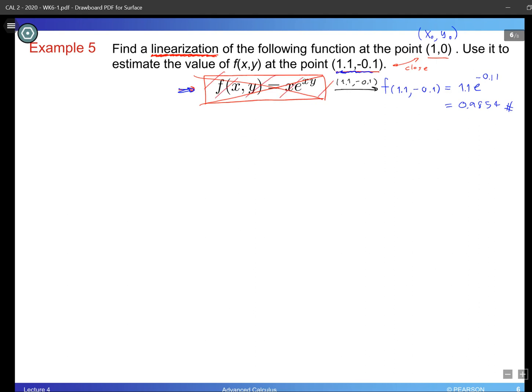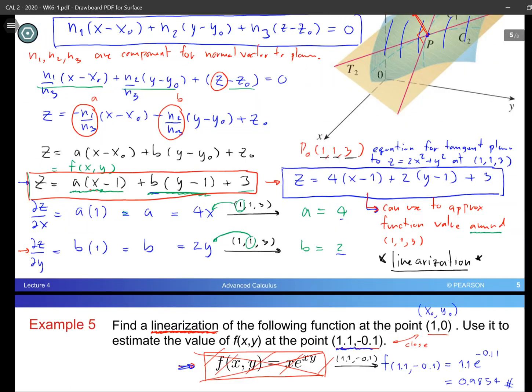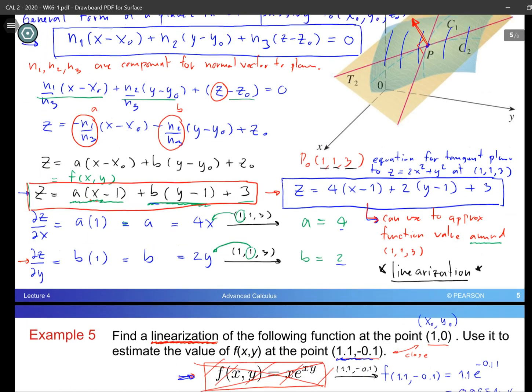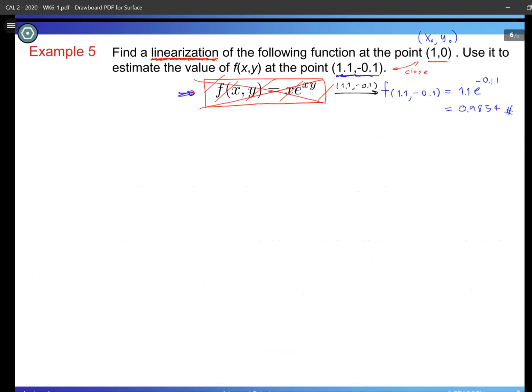Okay, so let's try to use what we learned from the previous example here. In the previous example, I told you that we can use the tangent plane to approximate the function value near a certain point. So let's move to example 4 right here. Let's bring this formula that we have right here to example number 5. It's going to be the equation for the tangent plane in 3D space, and it's going to be this.